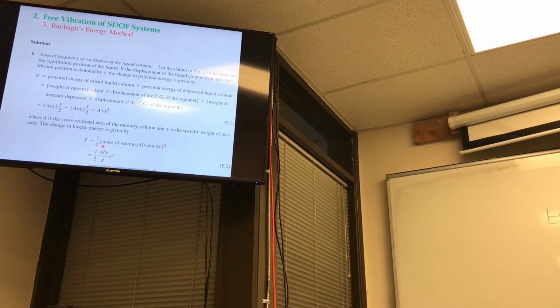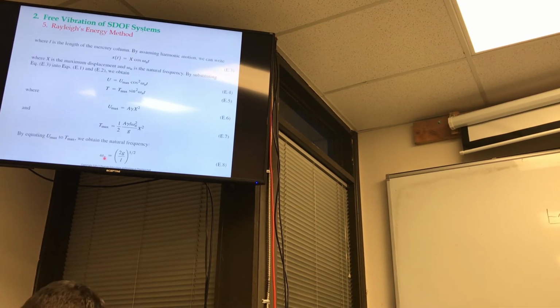The maximum kinetic energy is 1/2 the mass, which is really the mass of the mercury, times the velocity squared. But what is the mass of the mercury? It's A L gamma, where L is the length of the entire mercury column, because now we are getting the entire volume. And we divide by g because weight divided by g is mass.